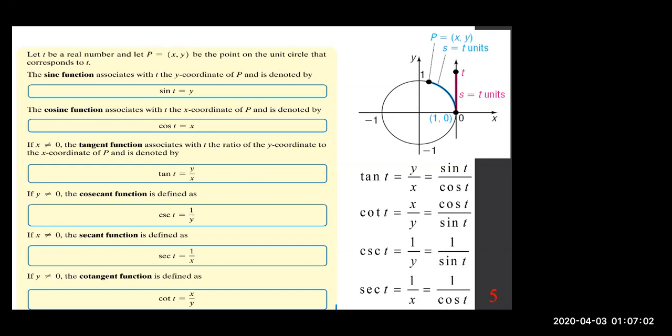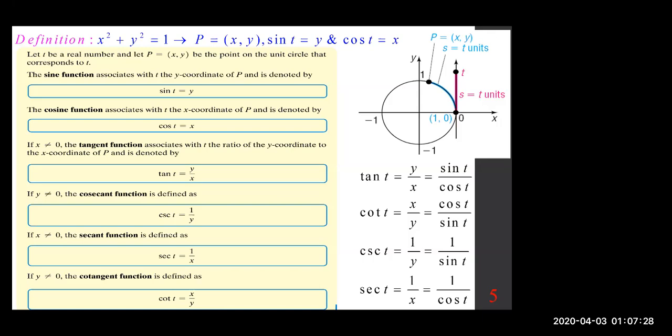So what I want you to remember, if you look at the very top, x squared plus y squared equals 1: a point on a circle of radius 1 centered at 0, 0. The circle is called the unit circle. X and y represent cosine and sine.